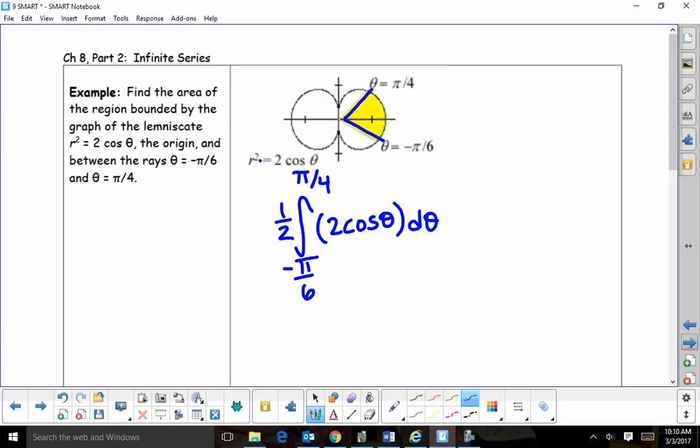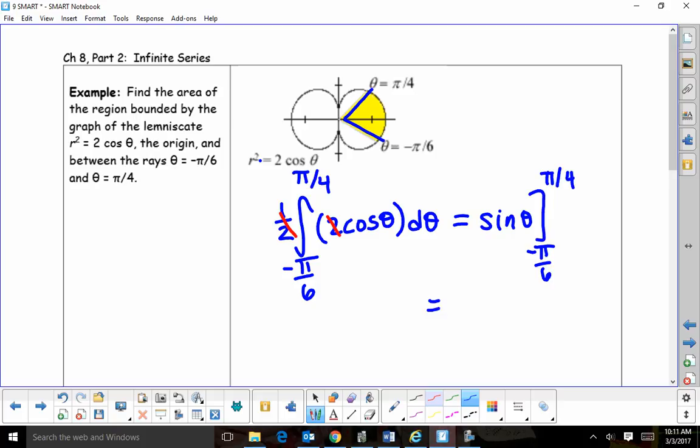Then we could plug this into our calculator or do it by hand. Let's just do this one by hand. We'll do the rest with calculators because this is a very basic one. So my 1/2 can cancel with the 2. The antiderivative of cosine is, nope, positive sine, from negative pi over 6 to pi over 4.